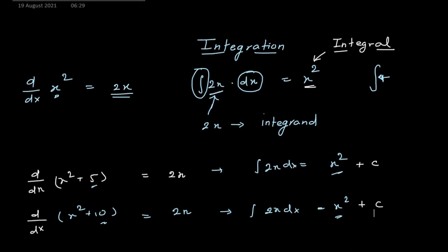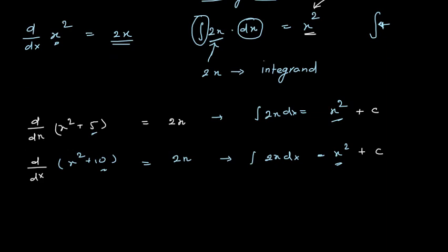As you learn a few formulas for derivatives, similarly there are some formulas for integrations, and these formulas are derived from the derivative formulas only. So let us discuss these formulas.